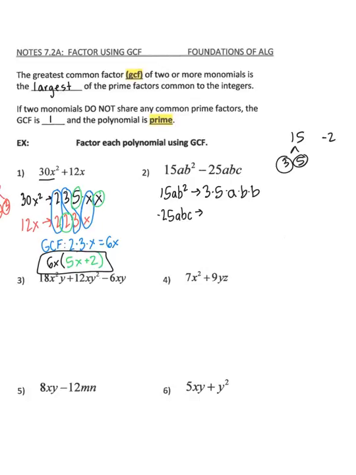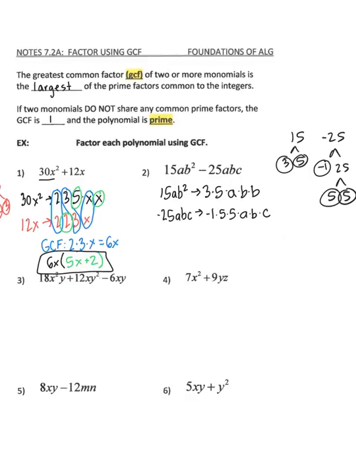For negative 25, I've got a negative 1 and 25, and 25 breaks down into 5 and 5. So I've got negative 1 times 5 times 5, and I've only got 1 a, 1 b, and 1 c. So now I've got all my factors written out.